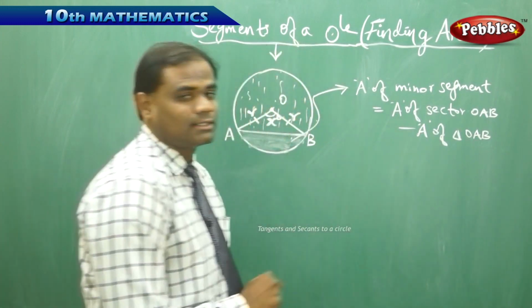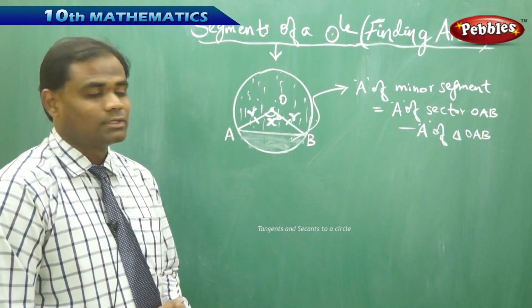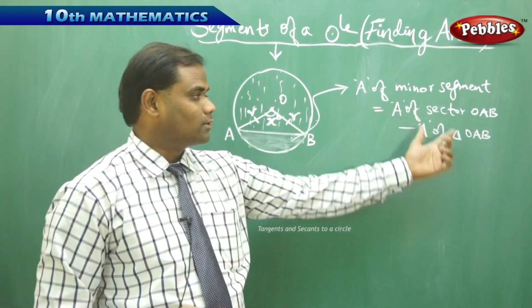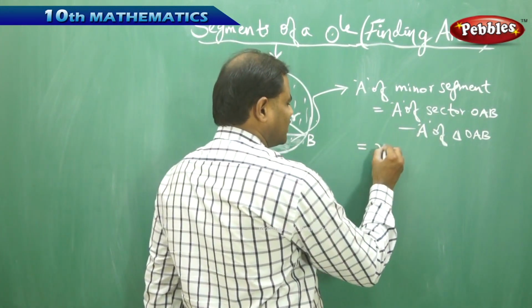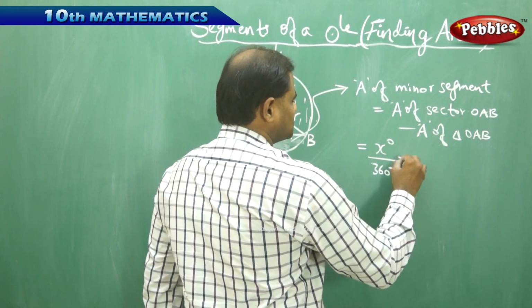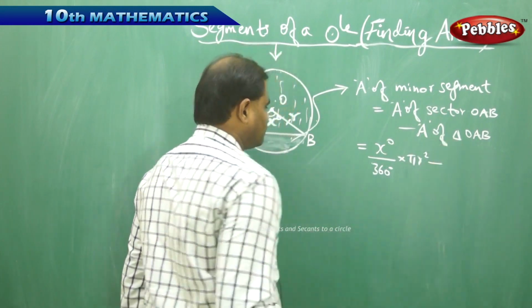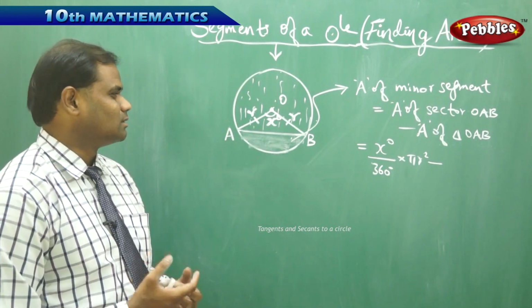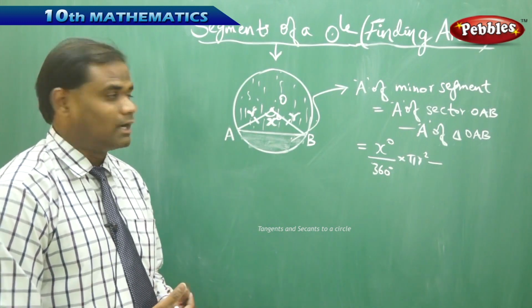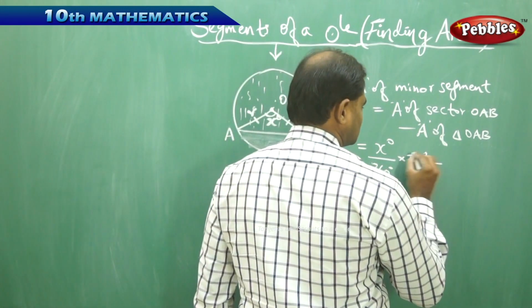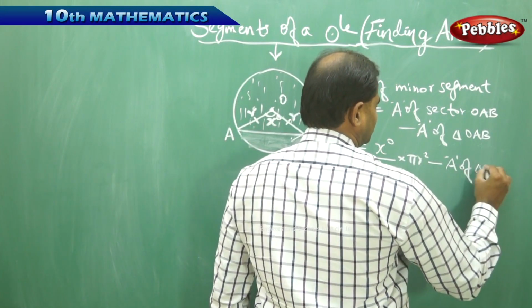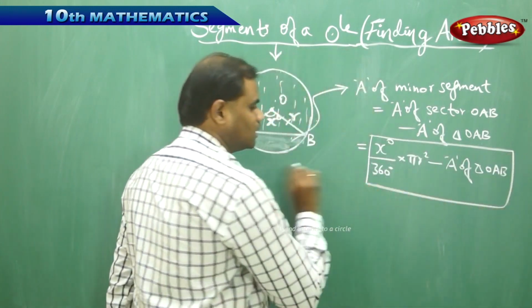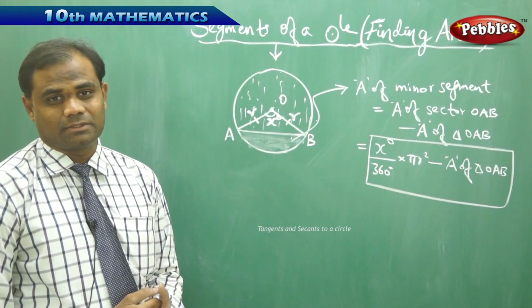Now as the sector minus triangle gives me this minor segment, we have the respective formula for the sector, which is given by its area as x by 360 times pi r square, minus area of triangle OAB, which can be done with various properties like half into base into height or any other respective formula if the height is given. This is the derived formula for area of minor segment.